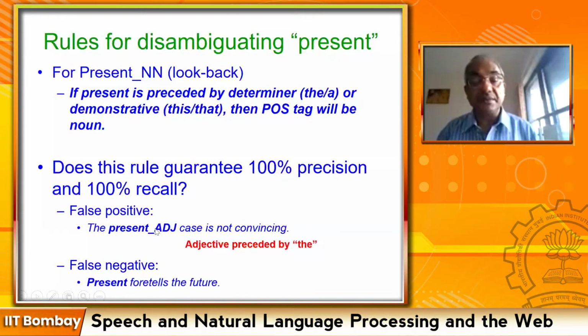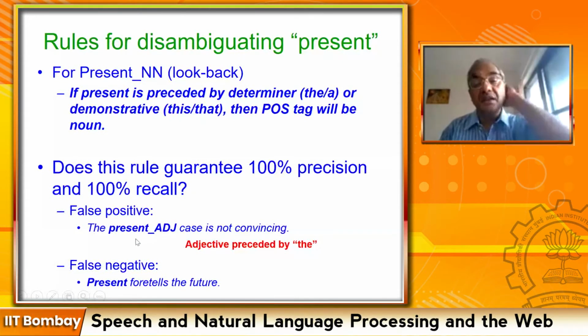It also is a false negative: present foretells the future. Here present is not preceded by a determiner or demonstrative, and it is missed as a noun if I apply this rule. So it turns out that this rule is not a 100% precision, 100% recall rule. It has false positives and false negatives.